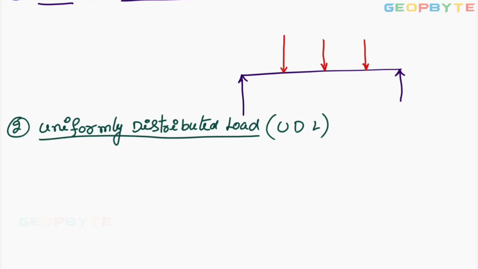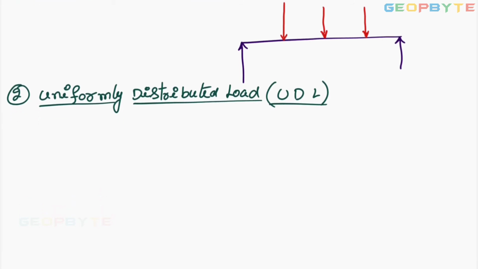The UDL is one which is distributed throughout its length. The UDL is distributed throughout its length uniformly.